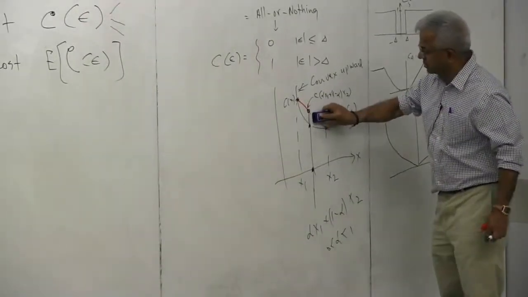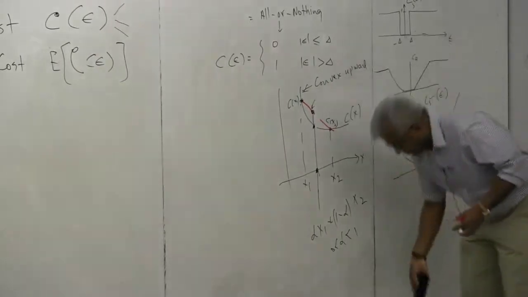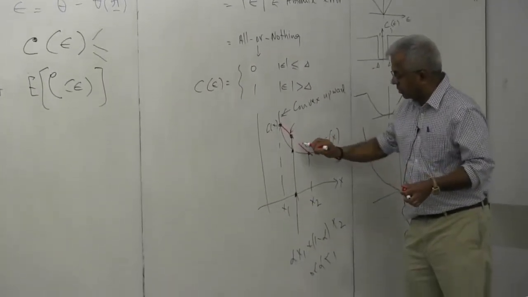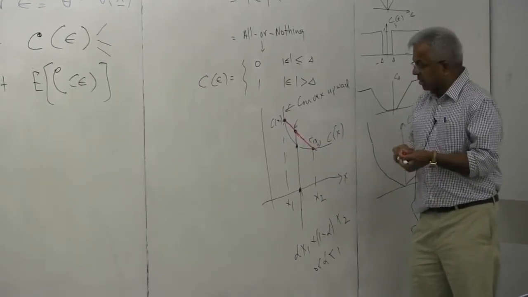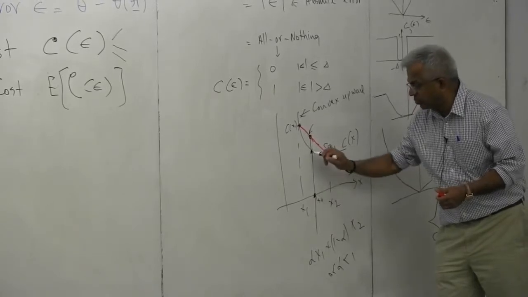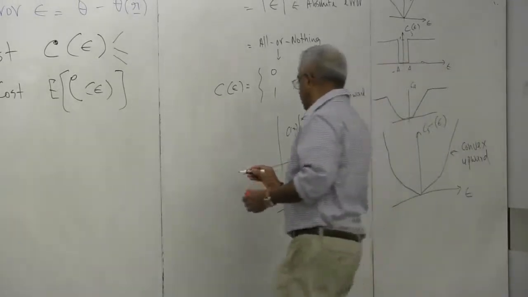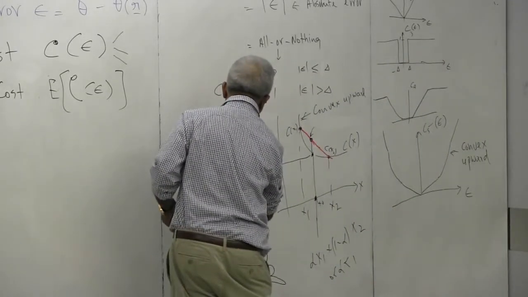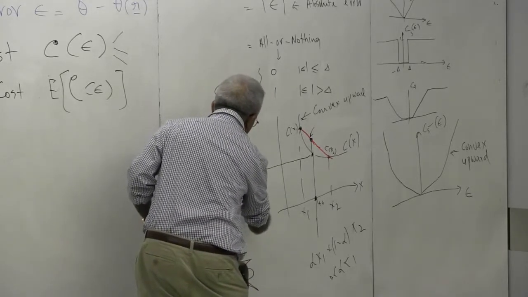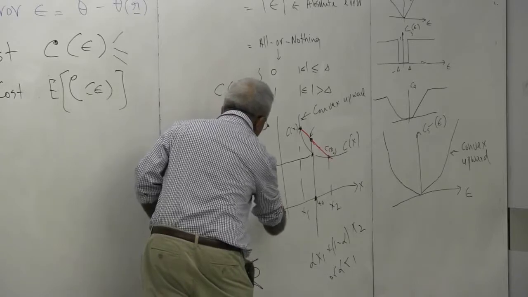Let me get rid of this line. Look at this. Let me call this point x0. And then of course this is c of x0. But x0, we just said, is alpha x1 plus 1 minus alpha x2.